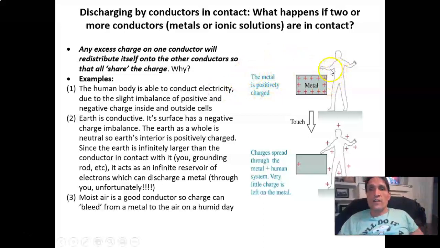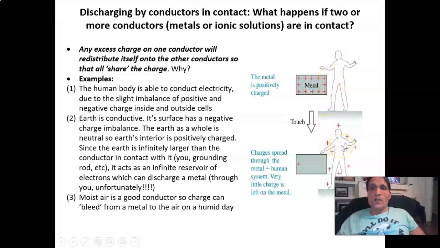If we touch the metal, now you have two conductors in contact. This positive charge wants to minimize the repulsion. They're like charges, and they don't like to be close to one another, so they're going to spread out and diffuse over both conducting bodies, the metal and you.